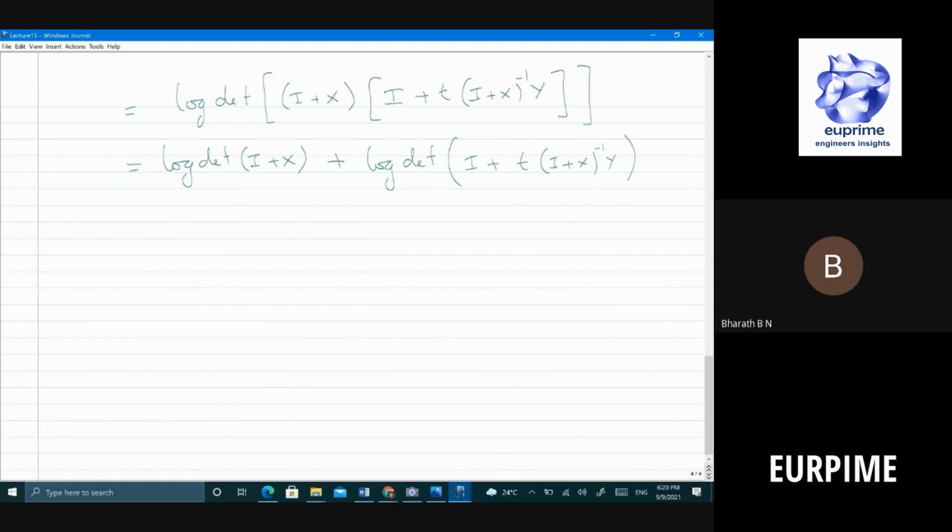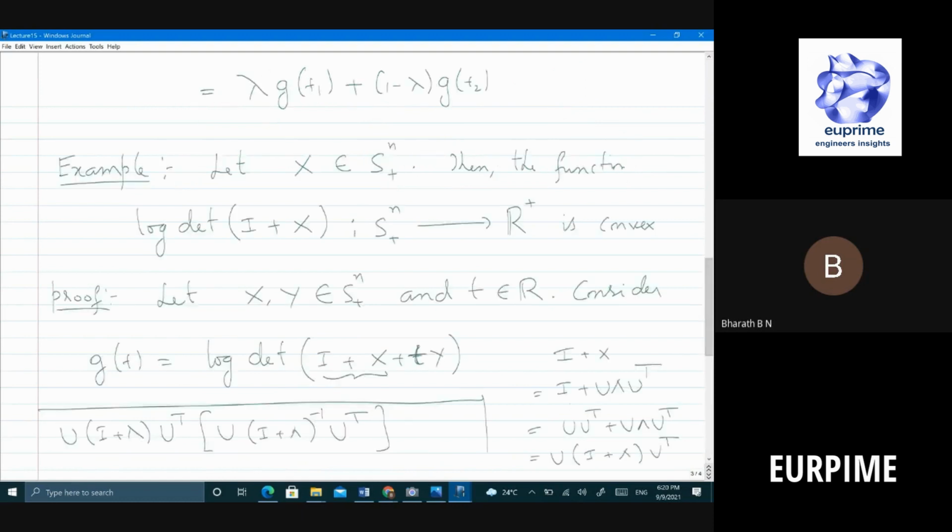Identity plus x is a positive semi-definite matrix, obviously, right? X is positive semi-definite, y is positive semi-definite. The sum of positive definite matrices will always be positive definite. In fact, it is positive definite and symmetric, right? So what can you say about the inverse? You already saw, right? Identity plus x is basically this, and the inverse is basically this.